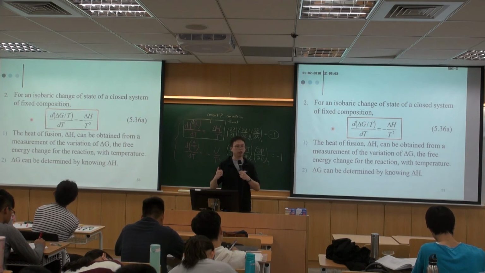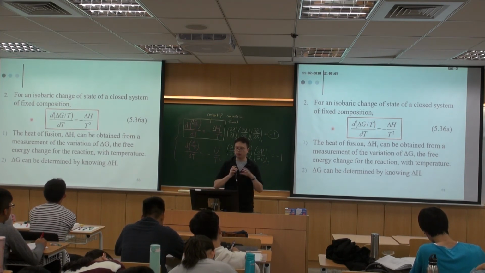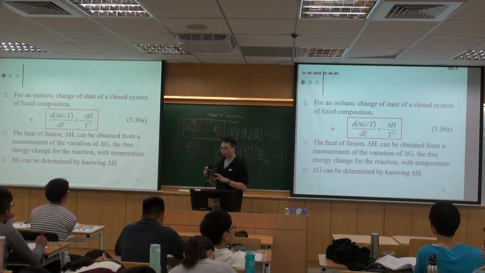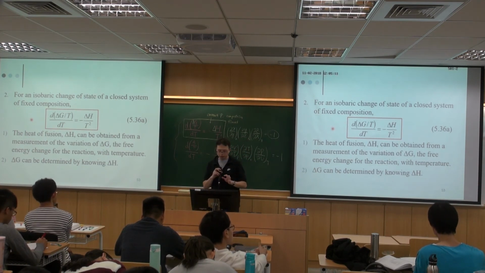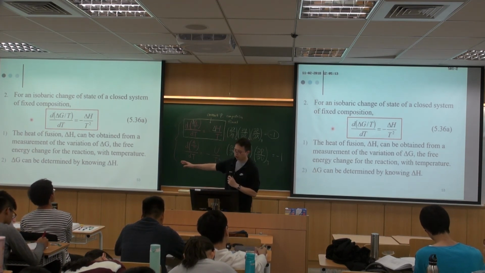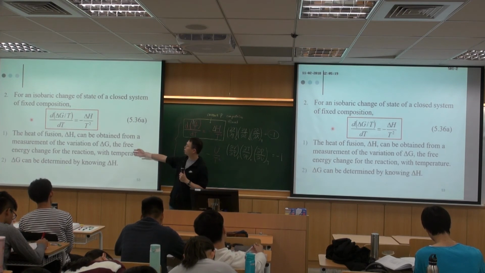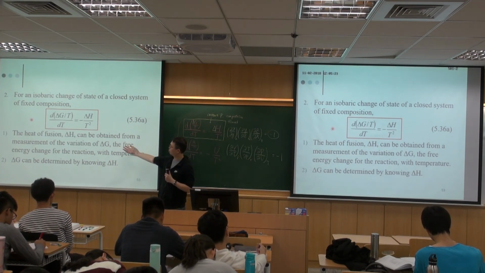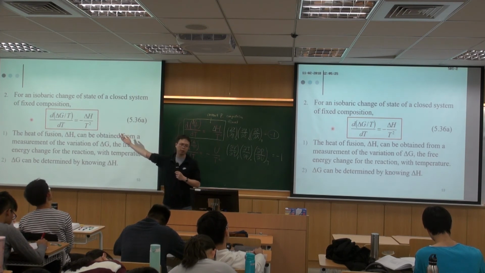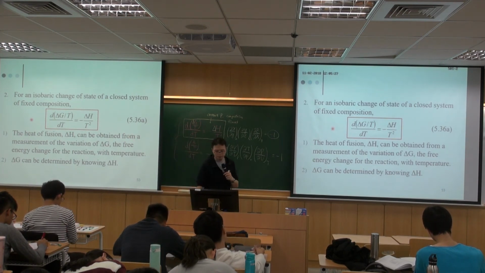So this is the expression that links delta H and delta G. And so for experimentalists, if you want to really do the experiment and figure out the change of Gibbs free energy, you can just heat it up and measure, for instance, the change or the absorption of heat during the process, and then you can estimate the change of Gibbs free energy.